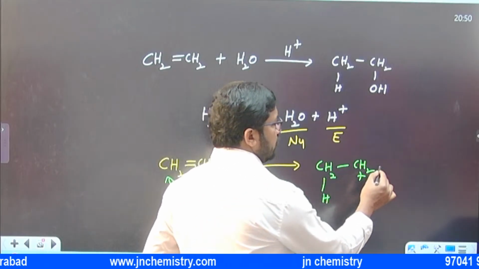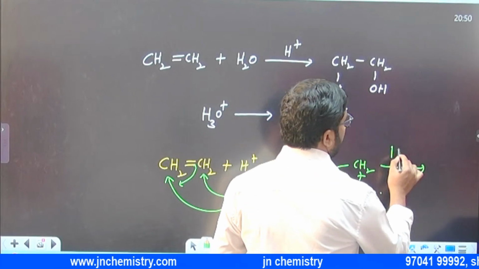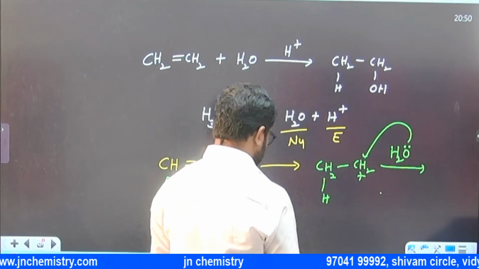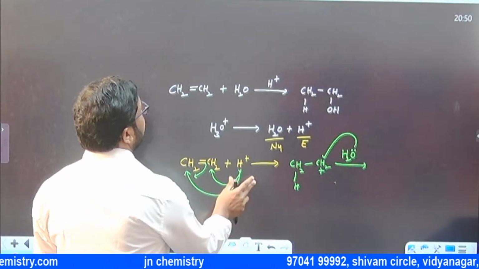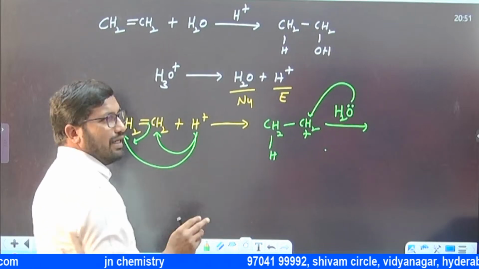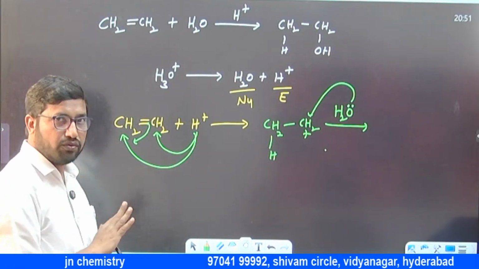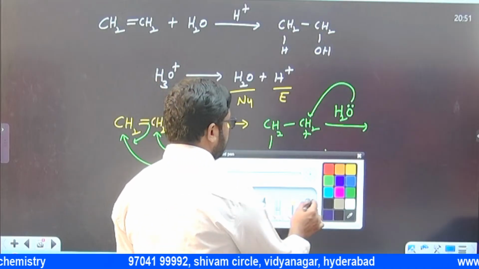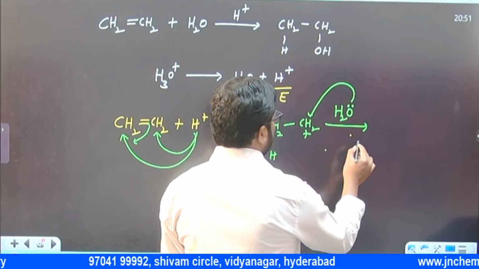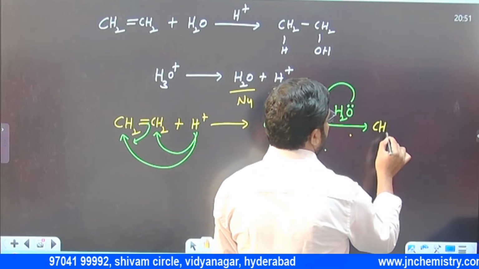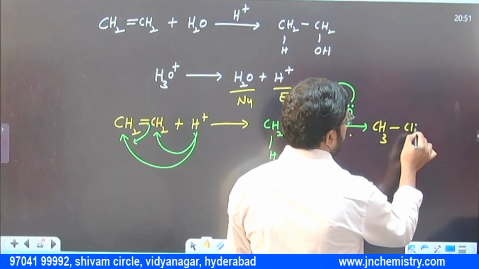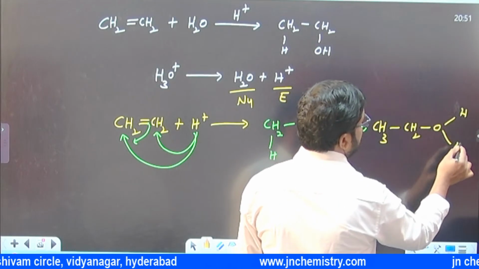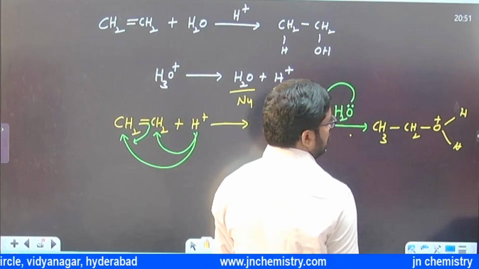The second step, water. So directly H plus OH minus also we can add, but according to the rules, we need to follow. But in case of entrance exams, directly you can write it down, no issues. Now here is CH3, CH2, water is like this, positive charge.